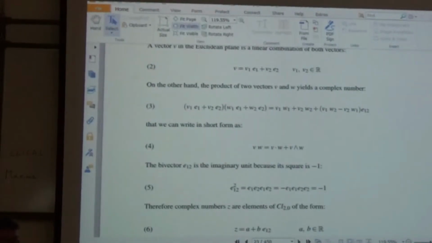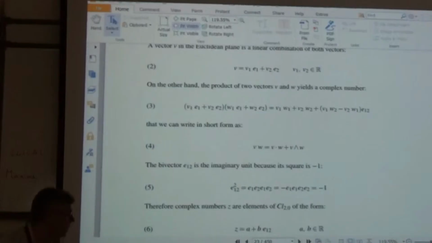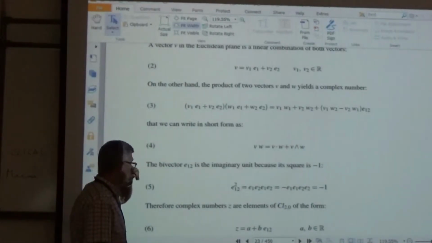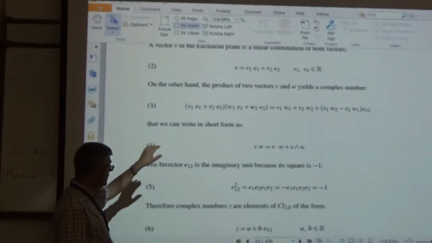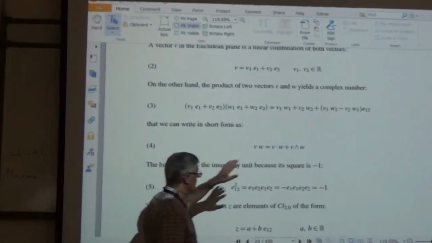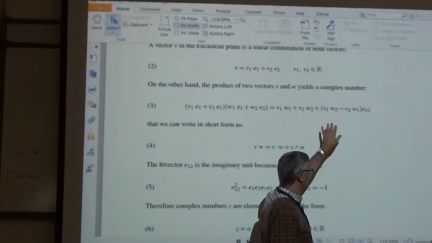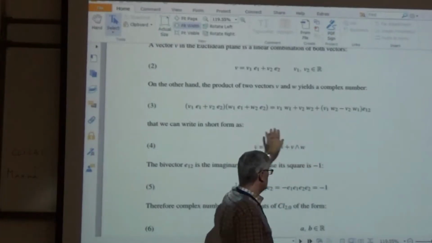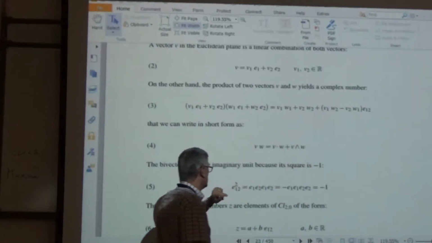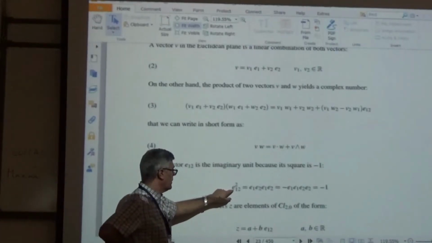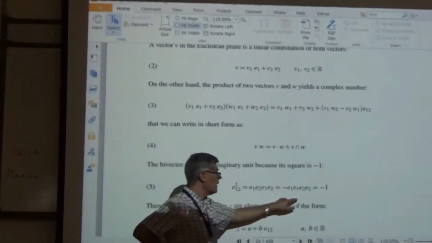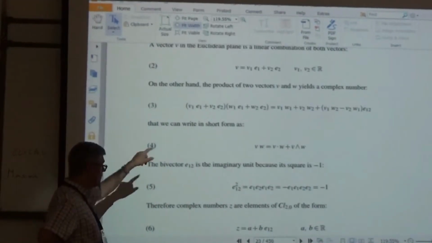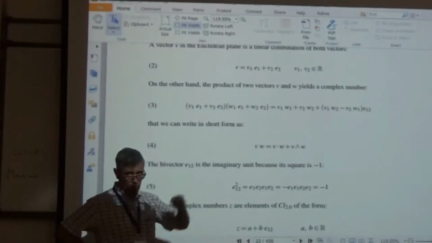A vector is a linear combination; if we multiply vectors with components, we have a scalar and a bivector. Just this is a complex number, because the bivector unit has square equal to minus 1. So the multiplication of two vectors is equal to a complex number.